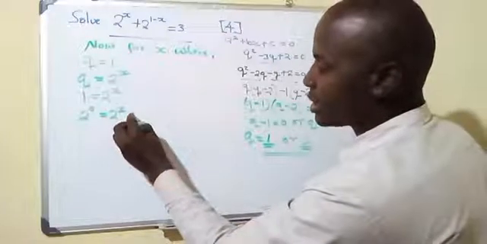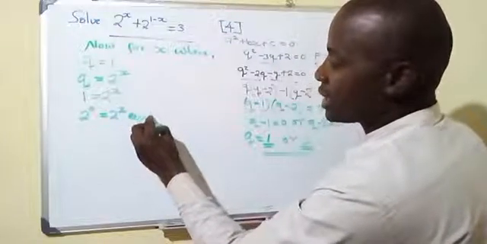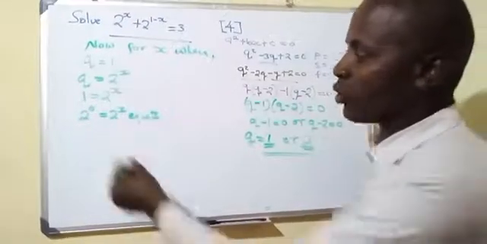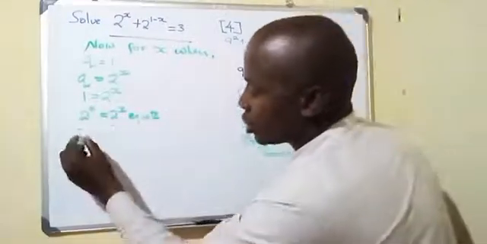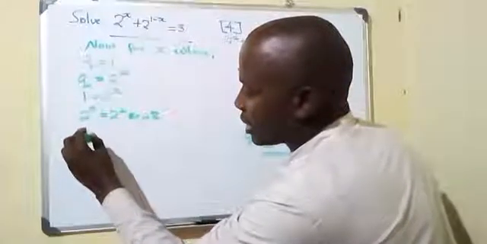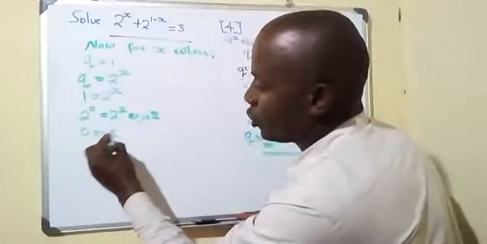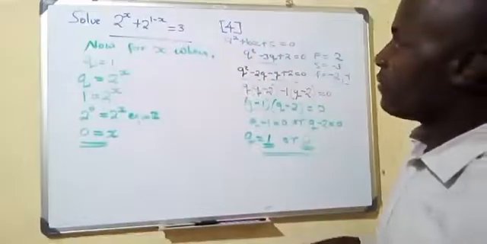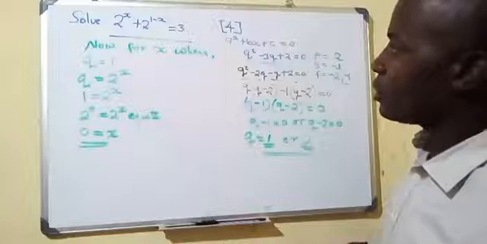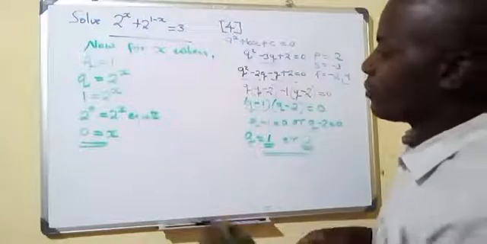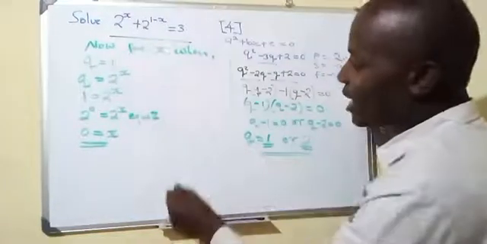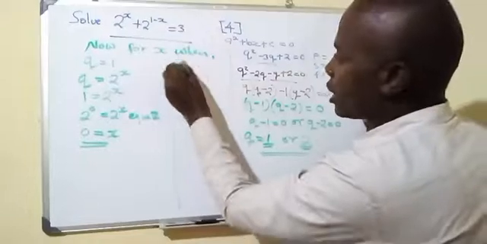So having written 2 to the power 0 which is equal to 2 to the power x, this means that the bases are the same. If the bases are the same, we equate the powers. So this will mean that 0 is equal to x. So the value of x is 0. This is the first value of x.